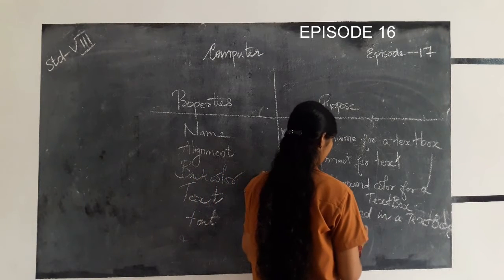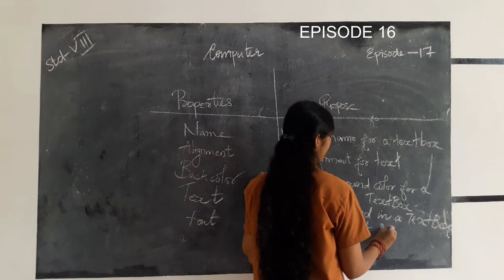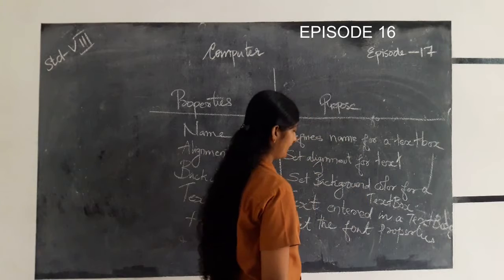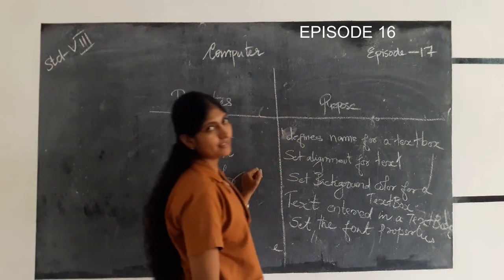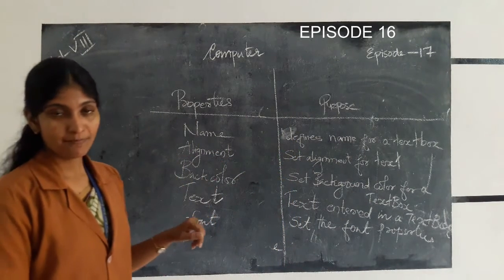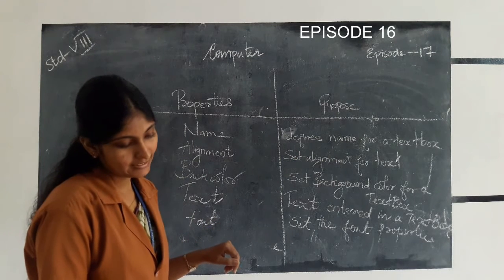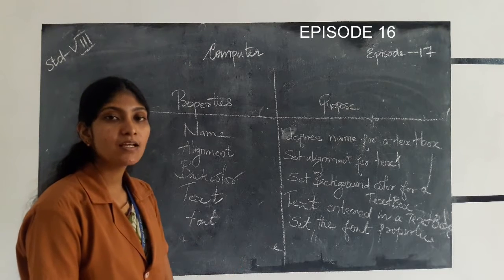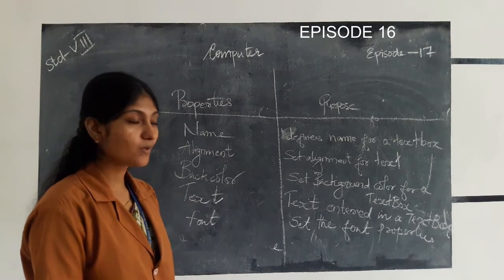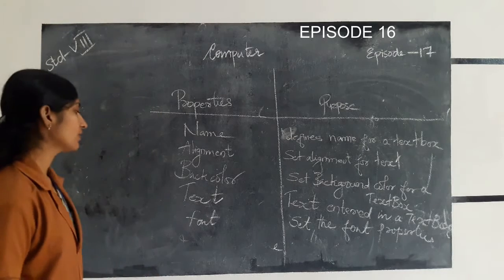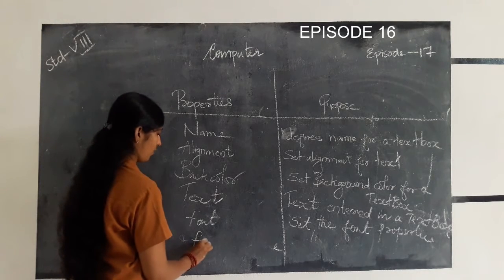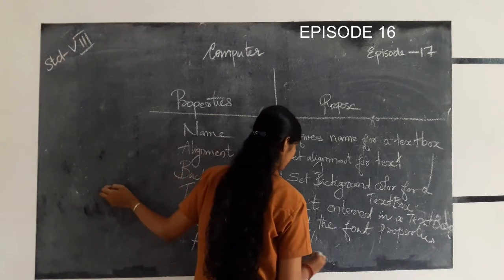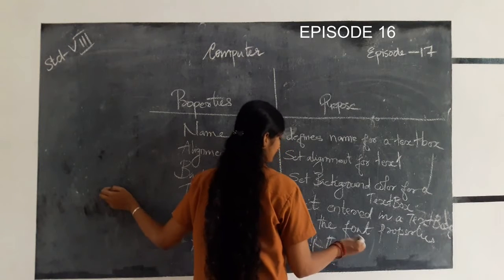Then next is forecolor. Forecolor means you can set the color for the text. That is similar to font color.